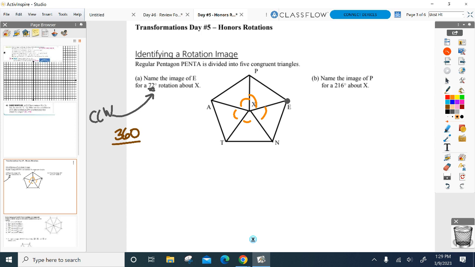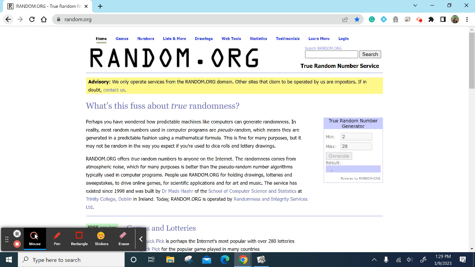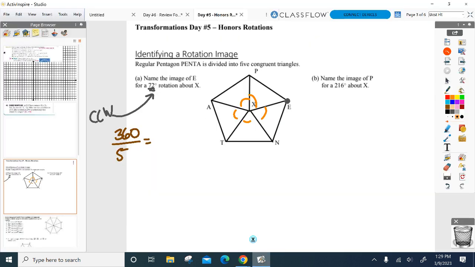So they all add up to 360, and all 5 are congruent. So each angle is going to be 72. Look at that. So every time you rotate, you're going 72 degrees.